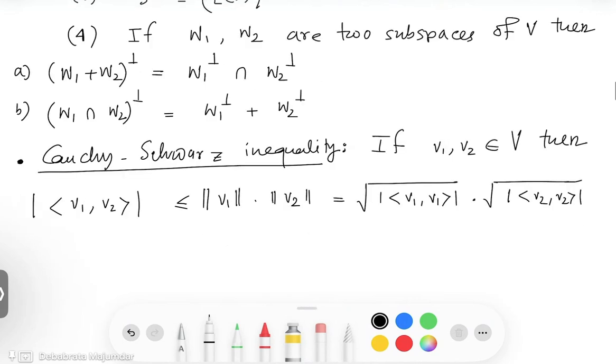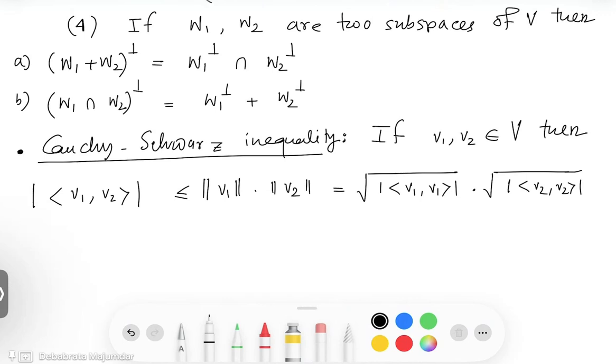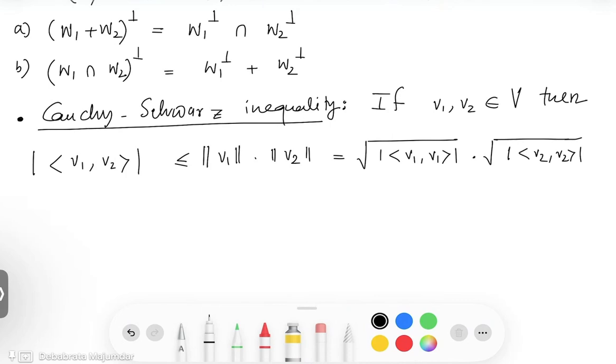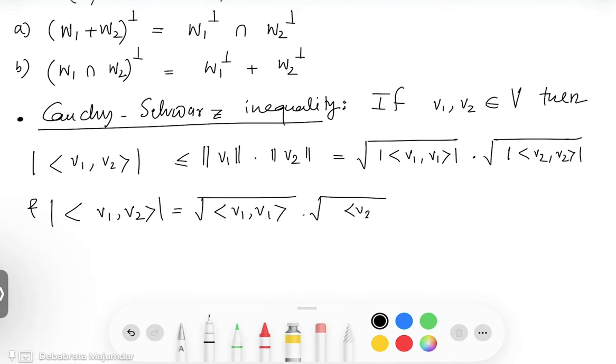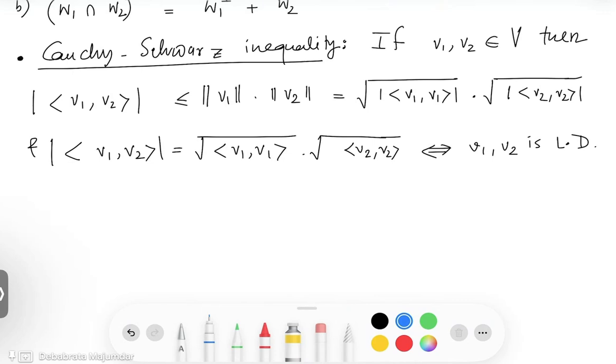This is called the norm, and this is true for all V1, V2 belonging to V. And when will the inequality convert into equality? When they are dependent on each other. So the proof is your exercise.